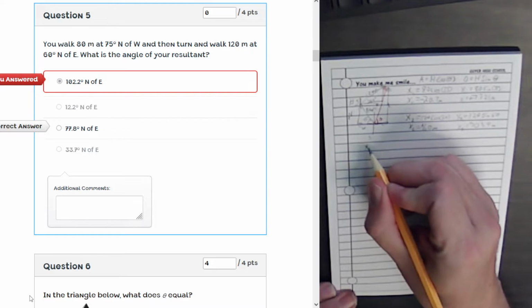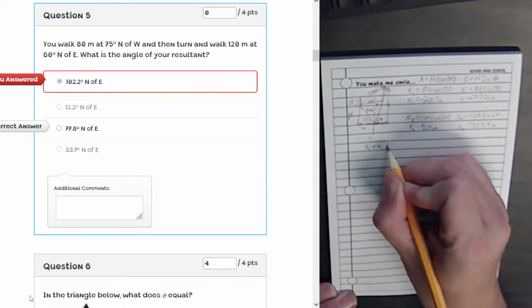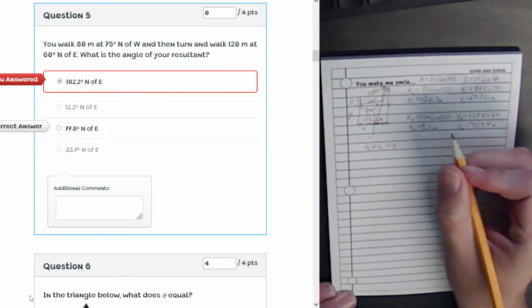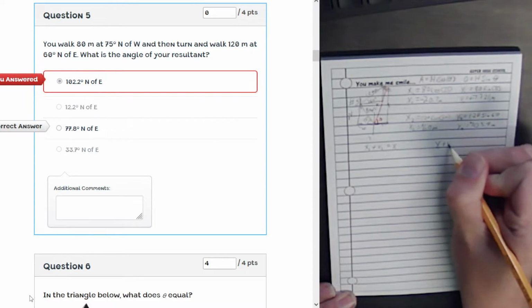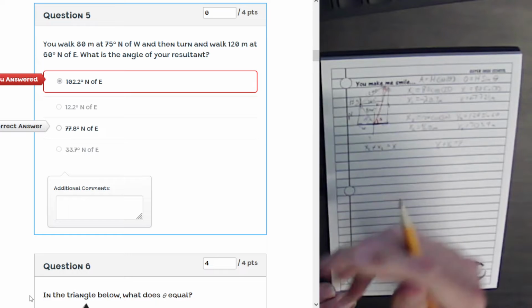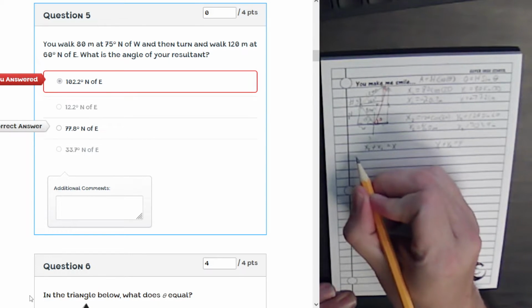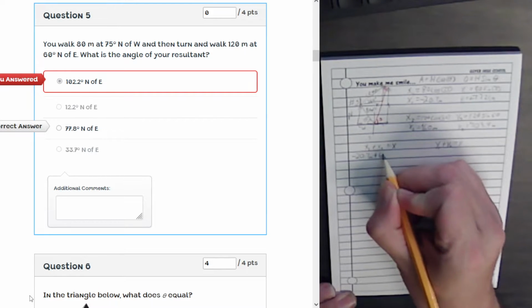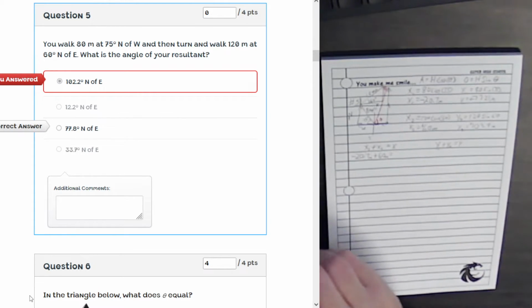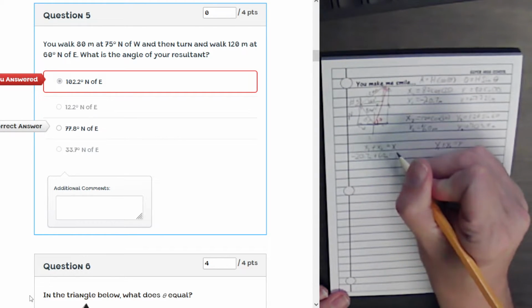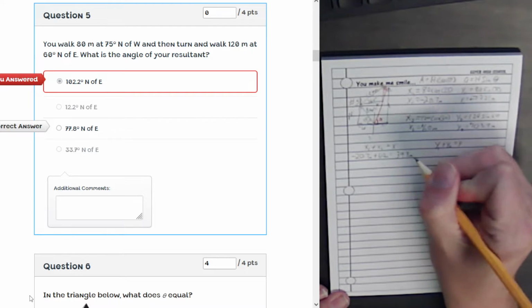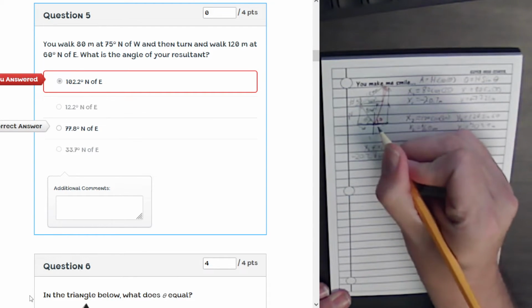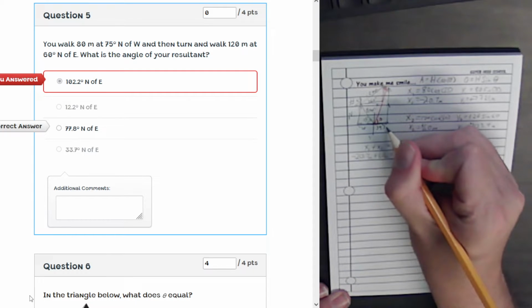Now I'm going to add x1 plus x2 to get my x, and I'll add y1 plus y2 to get my y. So x1 is negative 20.7 and x2 is 60, so those are obviously going to subtract. That gives 39.3, and since it's positive, that will be in the east direction, so that's this part right here, 39.3.